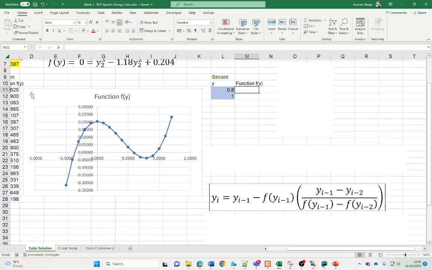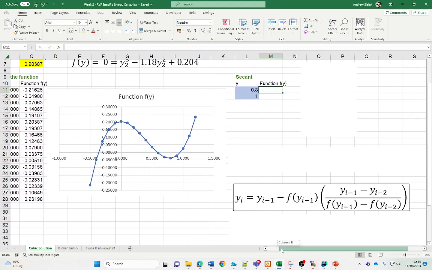So I've got in the blue cells here 2 estimates of the secant value, 0.8 and 1, and that's sort of traversing where we think that solution may be, near 1. We don't have to choose these 2 numbers.